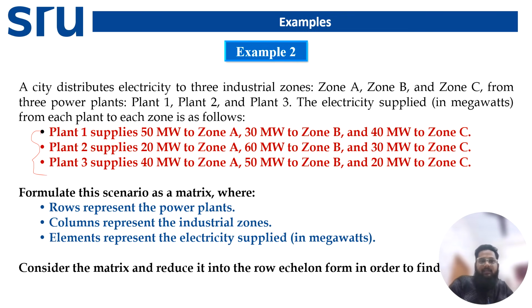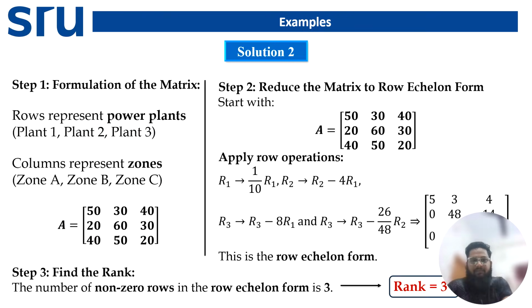These three lines are saying how these plants are supplying the electricity to the zones. Now it is very easy to convert this problem to a matrix form and find the rank. These rows represent the plants: plant 1, plant 2, plant 3. These are zone A, zone B, zone C.